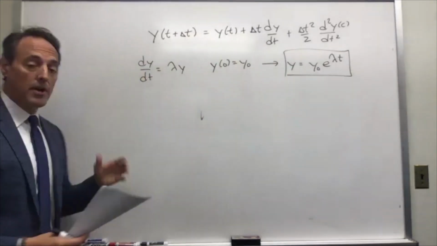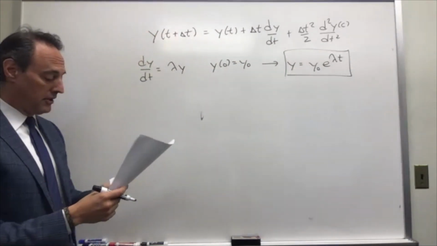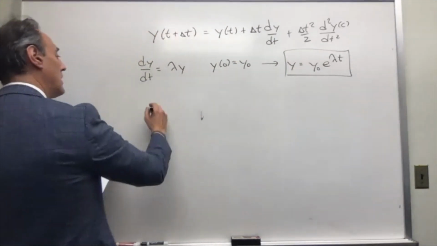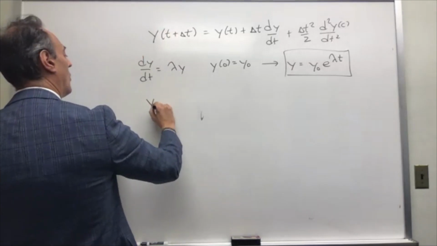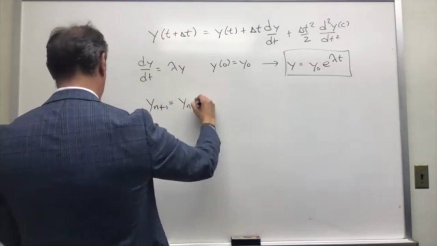So we've already been talking about this Euler stepping scheme. In other words, you do your Taylor series expansion. And so one way to get this is you would find that here's my Euler approximation to this problem.